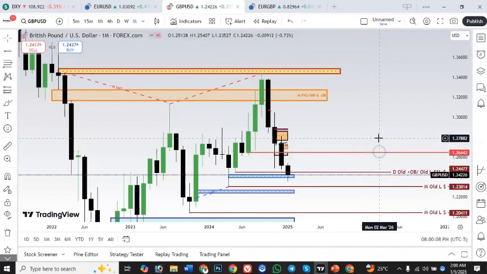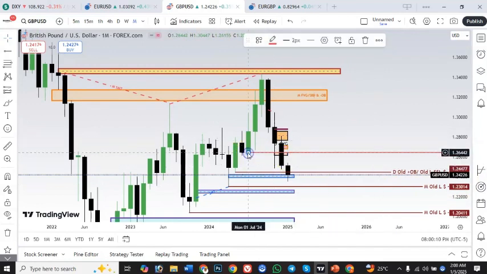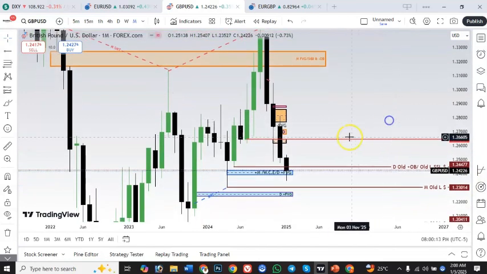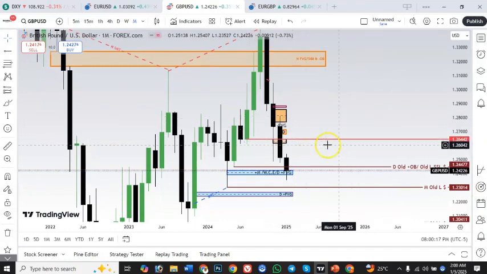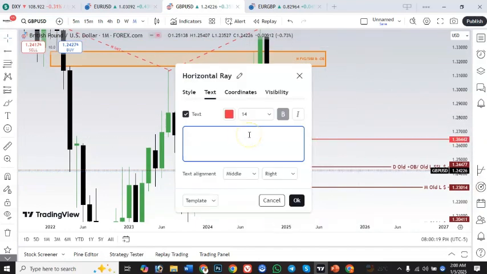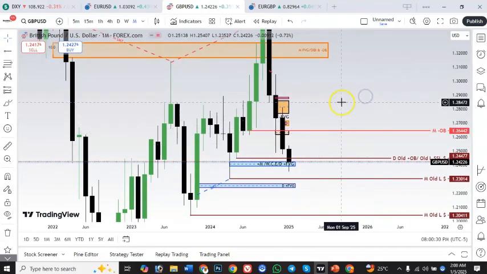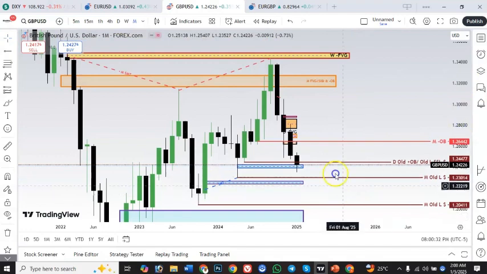It's taking my time, it's network. So this is a monthly order block, monthly OB. So this is what we have from a monthly chart here.